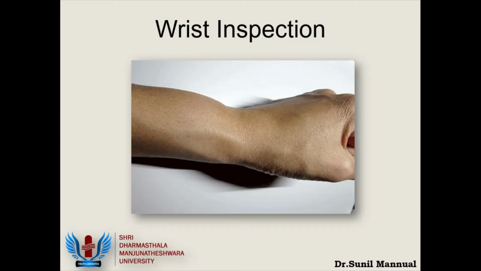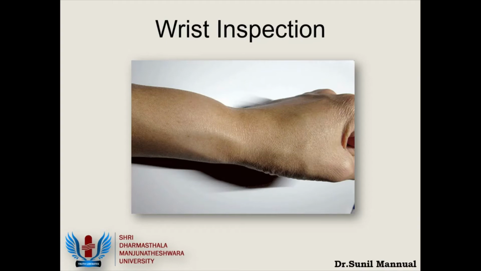And as you're keenly observing the wrist of the patient, you know what the patient is observing? The patient is keenly observing your intent, and the patient is actually looking at your face. The patient wants to know how intense or how duty bound and how carefully this doctor is actually examining me.